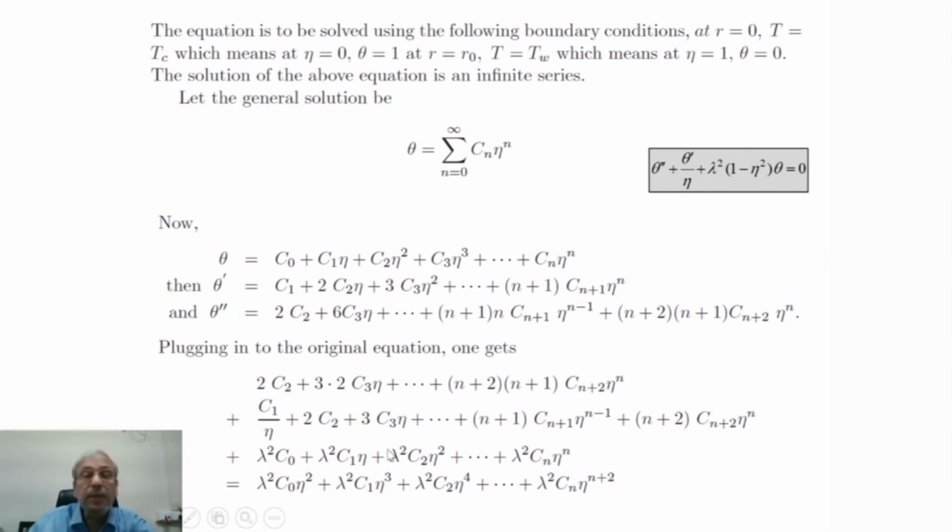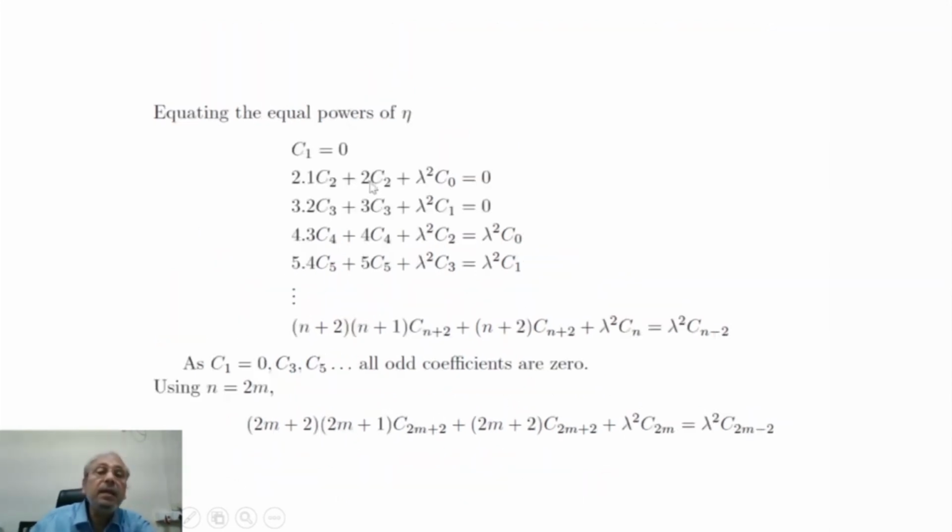Now in this equation we can equate the equal powers of eta for the validity of the equation, and this way we can collect the coefficients of the equal powers and try to obtain their values.